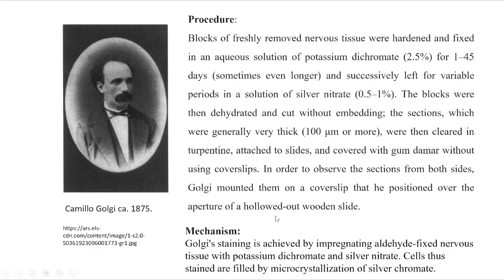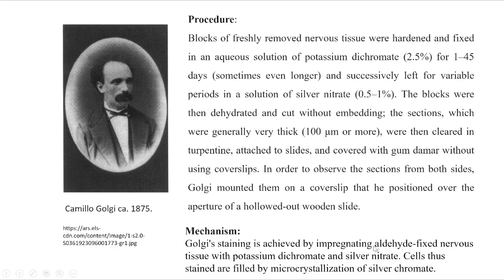And so, what was the mechanism by which this Golgi staining worked? Basically, the nervous tissue, which was fixed by aldehyde, was impregnated. Impregnated basically means it was stained. It was penetrated with potassium dichromate and silver nitrate. And that resulted in the cells being filled by microcrystallization, basically extremely small crystals of silver chromate.